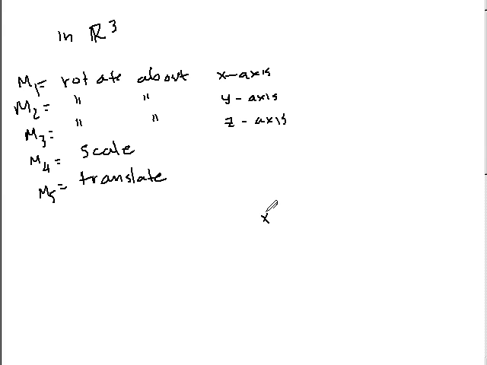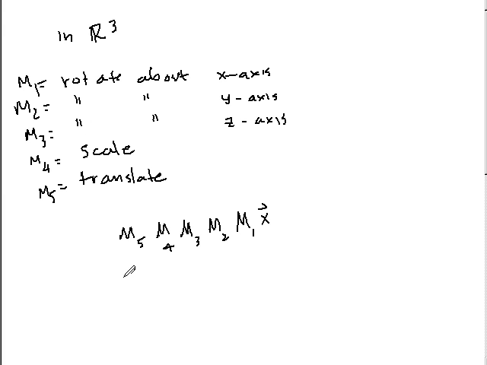And if you take your vector in R3, you multiply them right to left. So that means that you apply them essentially outside in. Because remember, if you take your vector x, m1 times x is the action of rotating about the x-axis. You then have to take that result and hit it with m2.